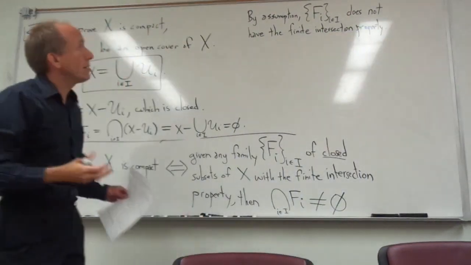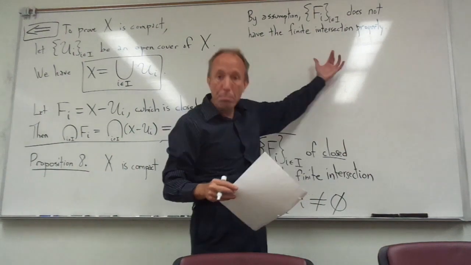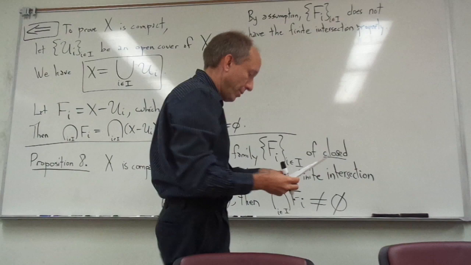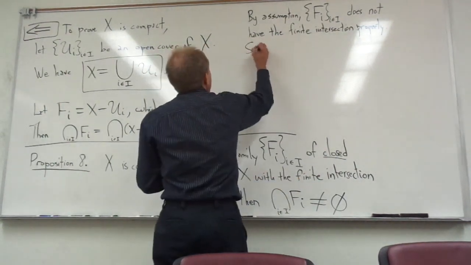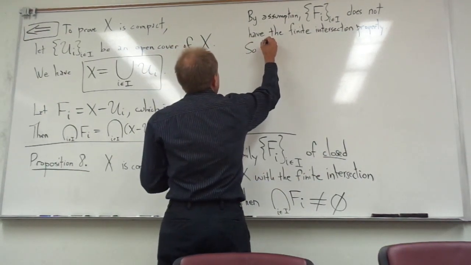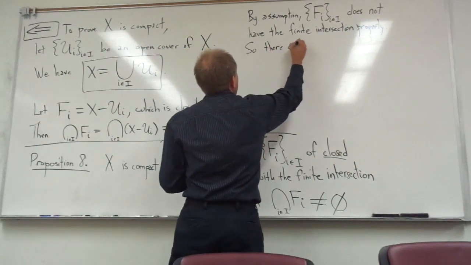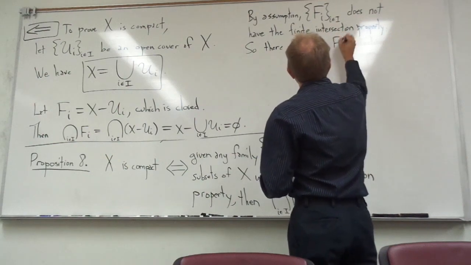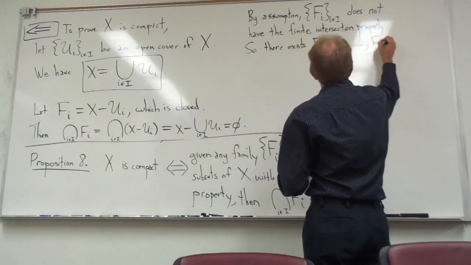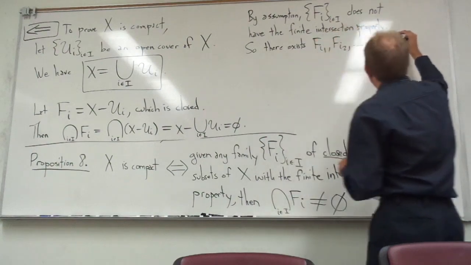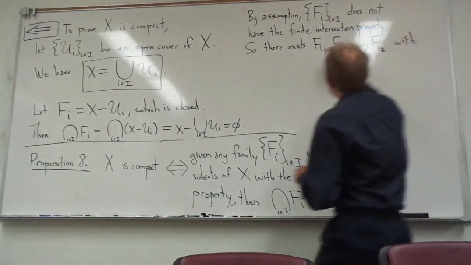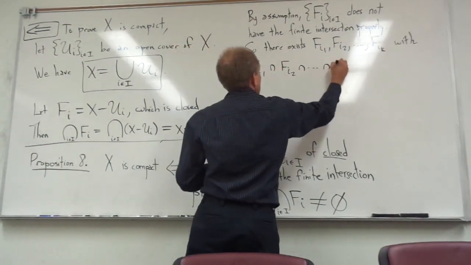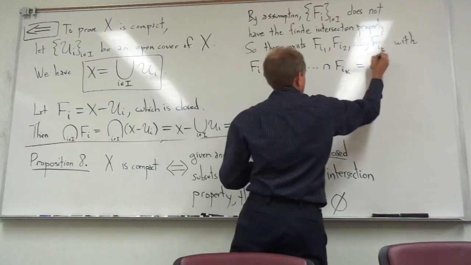What it means then is that some finite number of these F sub i's will have an empty intersection. So there exist F sub i1, F sub i2, and so on up to F sub ik with the intersection of these empty.